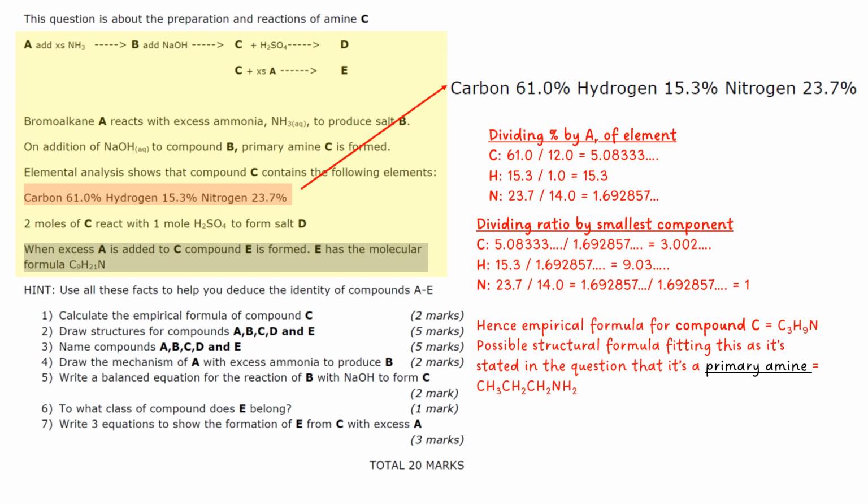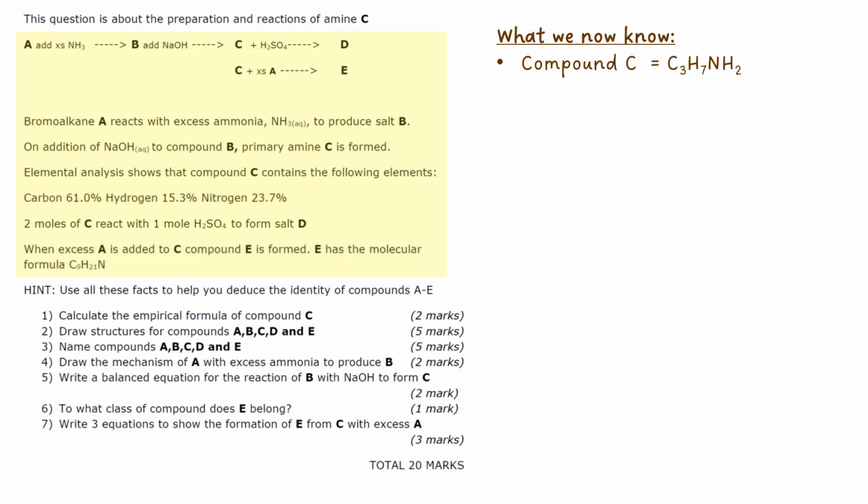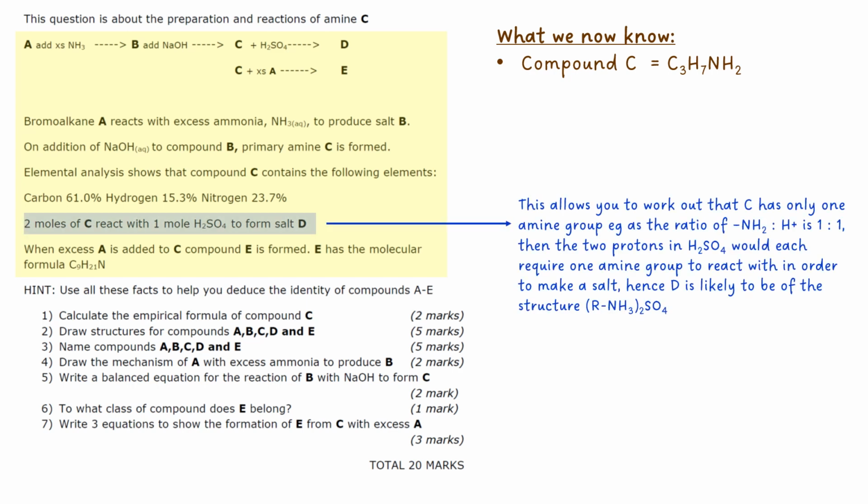Bearing in mind it's a primary amine, like we said from the question, it's possible that CH3CH2CH2NH2 is a potential candidate for the structure. So now we know that we've got a primary amine with a propyl group next to it. We can come back to this idea of salt D and work out what it might be.